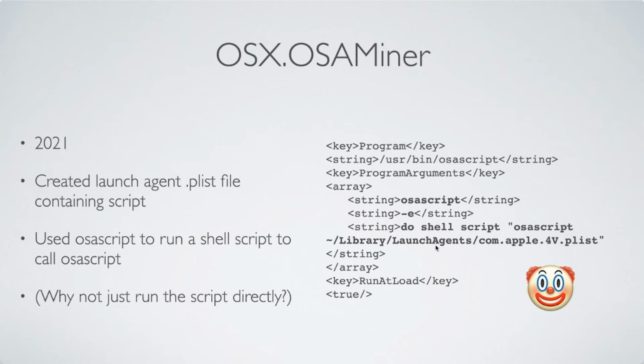It's anybody's guess why they did it this way. This is the weirdest thing I think that I've ever seen in a launch agent plist. But again, this is still the use of scripts in weird places, and definitely something worth looking for and keeping an eye out for.